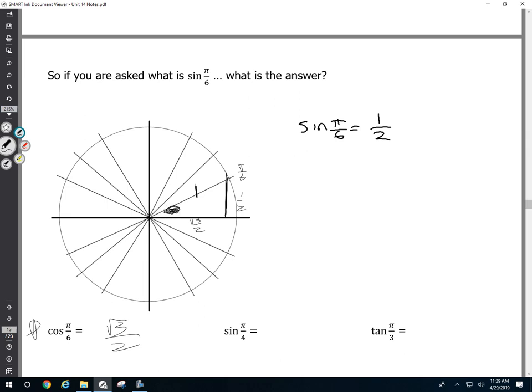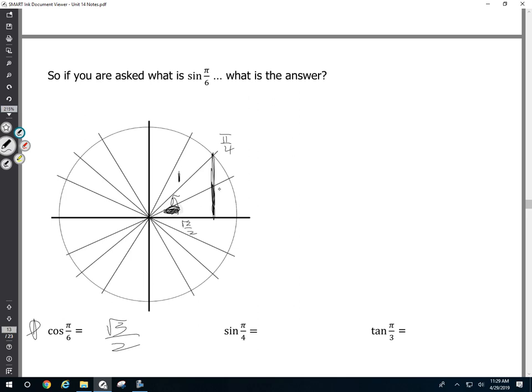I know where pi over 4 is. Pi over 4 is right here, 45 degrees. There's pi over 4. 45 degrees, right? Okay, so that's 45 degrees. I can throw a triangle down, and I know the side lengths of a 45, 45, 90 triangle when the hypotenuse is 1. What are the side lengths?